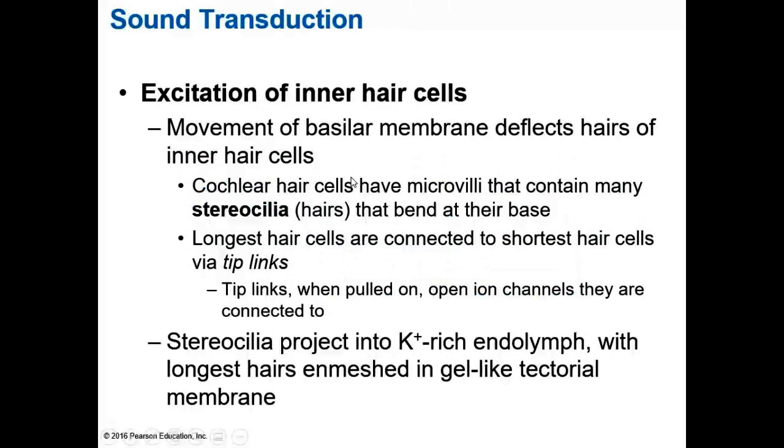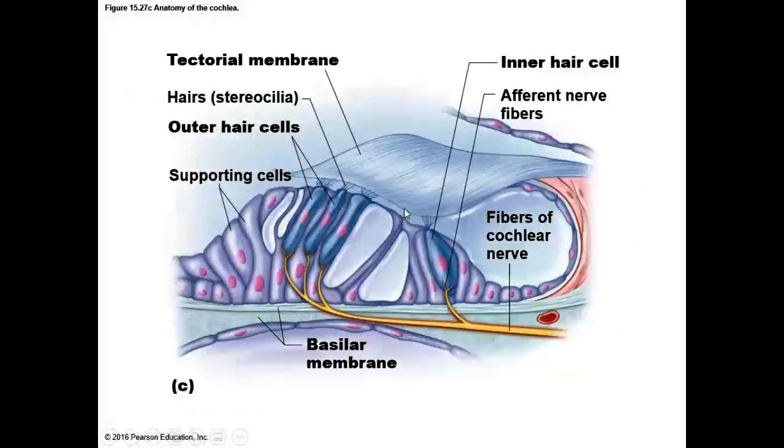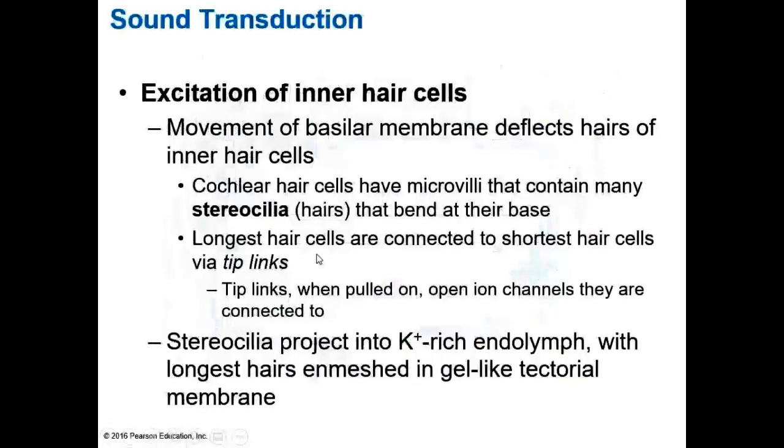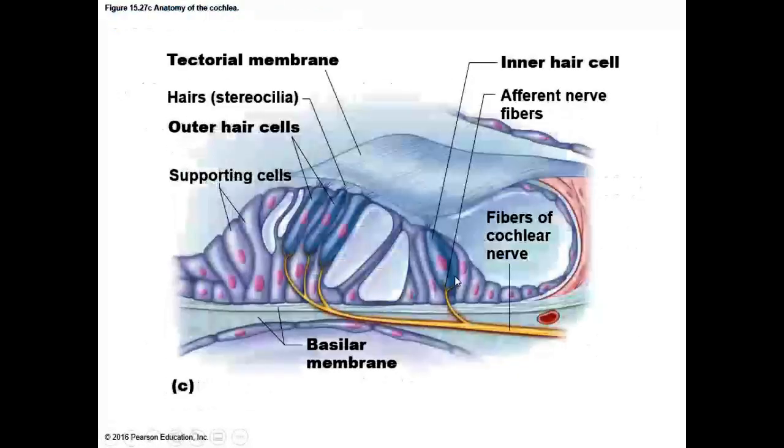The hair cells, as we're going to take a look at here, we can see there's an inner hair cell here, and there's an outer hair cell here. The inner hair cells contain microvilli, which we just saw right here.